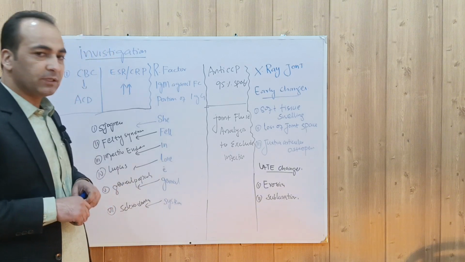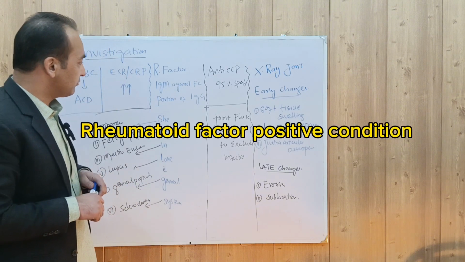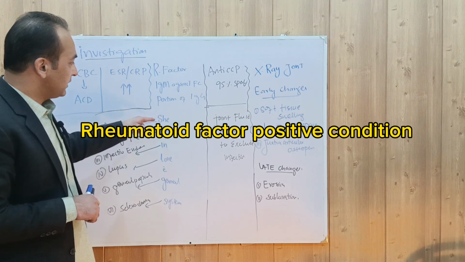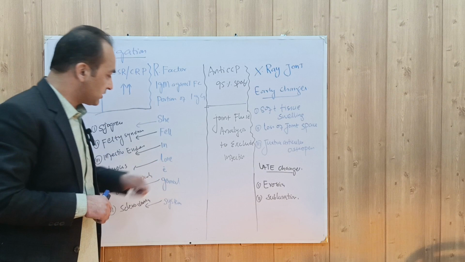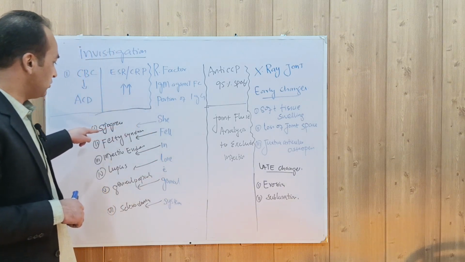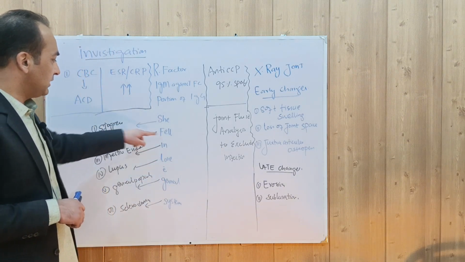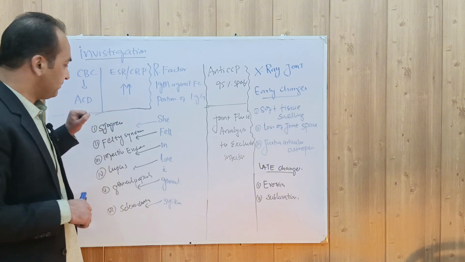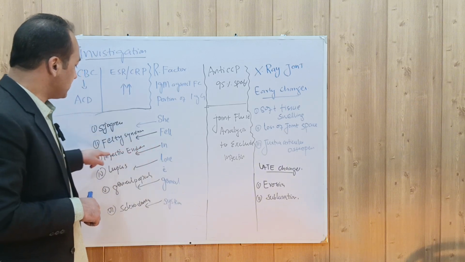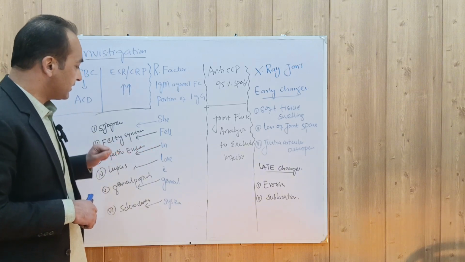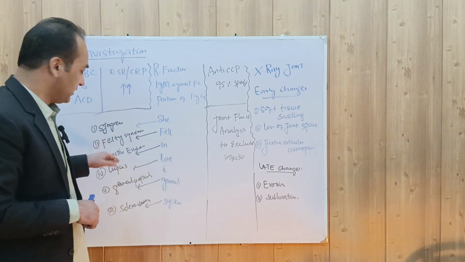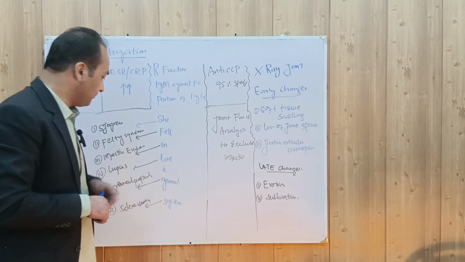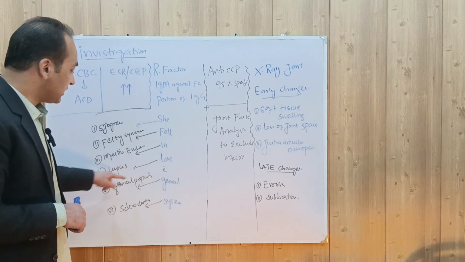To easily remember the conditions in which the rheumatoid factor will be positive, the mnemonic is She pill in love with general system. That is, She is for Sjogren syndrome, pill is for Felty syndrome, IN is for infective endocarditis, love is for lupus, means systemic lupus erythematosus. General means general population.